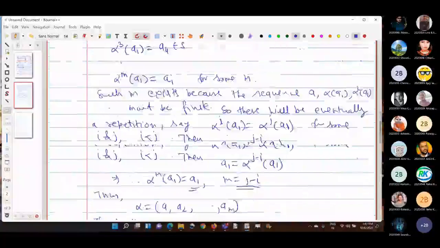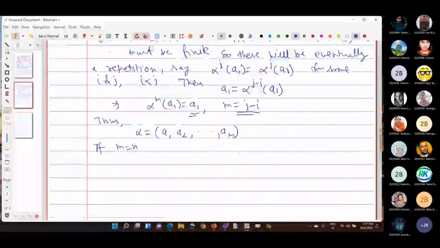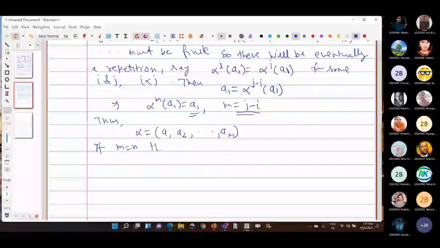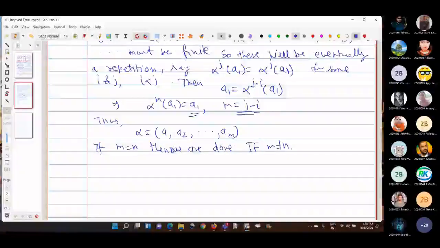There will be only one cycle. If m is not equal to n, then there should be more elements in S for which we need to find the cyclic notation.